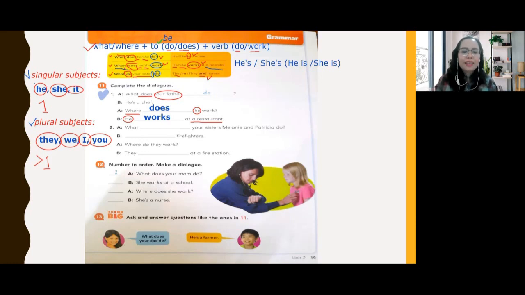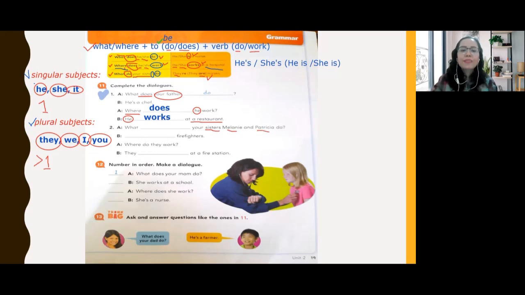Oke, number 2. What blank your sisters Melanie and Patricia do? Here we see that the sisters is ended with the letter S. And it is more explained the name of the persons or the name of sisters, Melanie and Patricia.